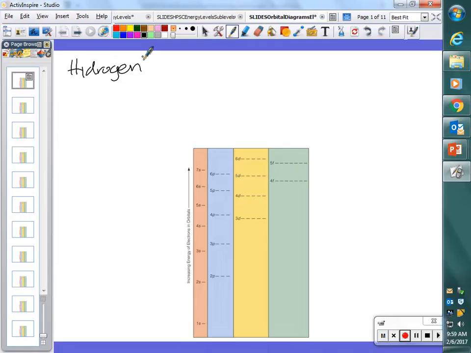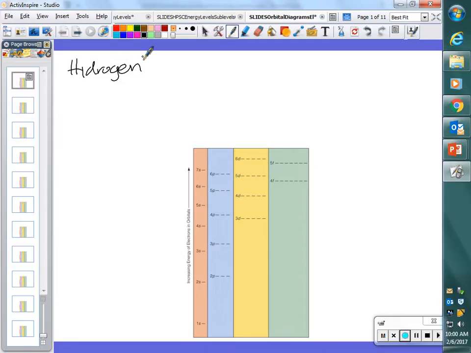So, an orbital diagram shows the distribution of electrons in the orbitals that surround the nucleus of an atom. That being the case, before we can tell you which orbitals are full and which orbitals aren't full, we need to know how many electrons we're talking about. And that's where the periodic table part comes in.